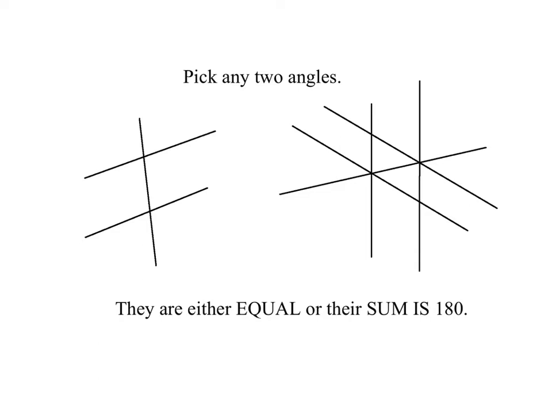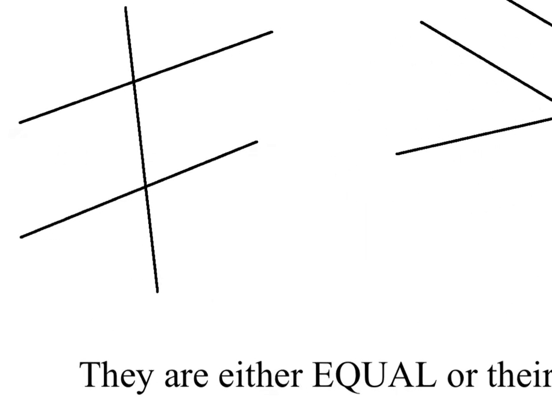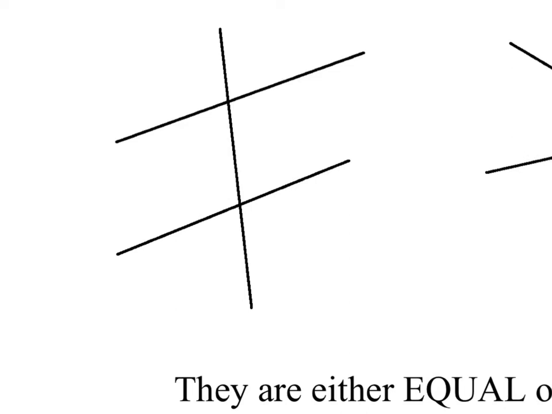Let's say we knew that the angle in the lower right was 95 degrees. Now I picked 95 because hopefully it's obvious that this angle is a little bit bigger than 90. And then we were asked, well, what is this angle?